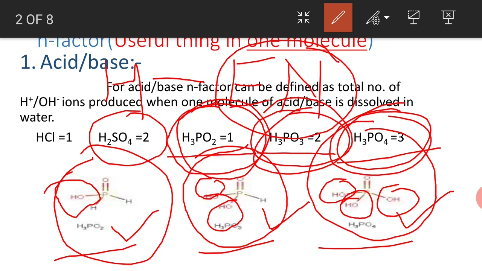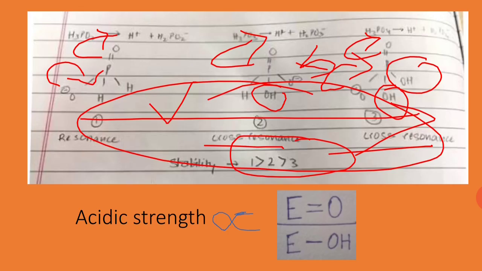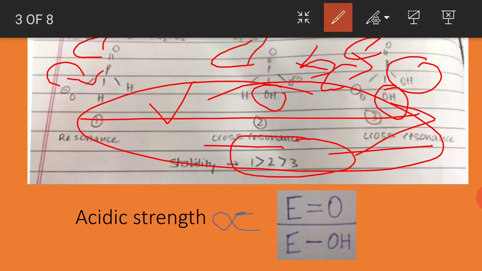And I have said earlier that the order of stability is the same as the acidic character of their conjugate acids. So H3PO2 is the most acidic, but the N factor of H3PO2 is the least in this oxoacid series. So we can say that there is no relation between the N factors of the acids and the acidic strength of these acids.